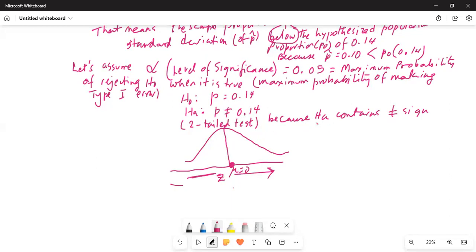That means the area of rejection will be divided into two equal parts in two tails.